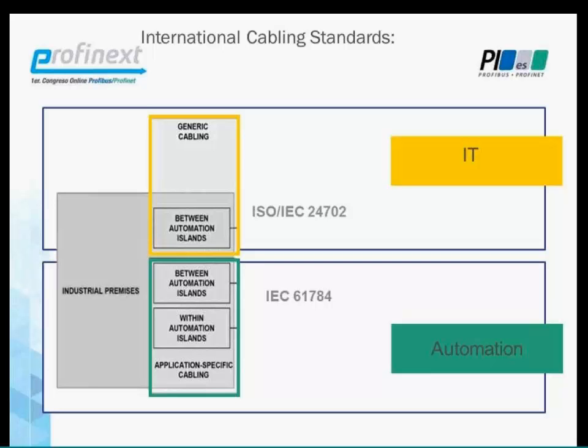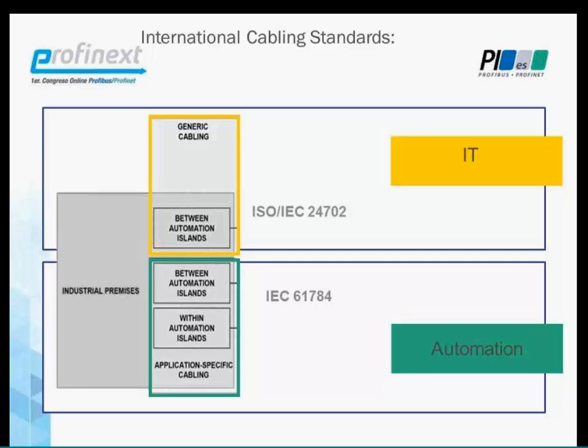This is relevant for the IT cabling. And this cabling describes the generic cabling and the cabling also between automation islands in industrial premises. And for automation, we have an IEC 61784 standard, and this is a typical automation standard.